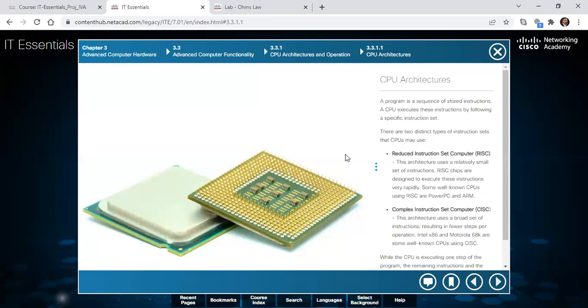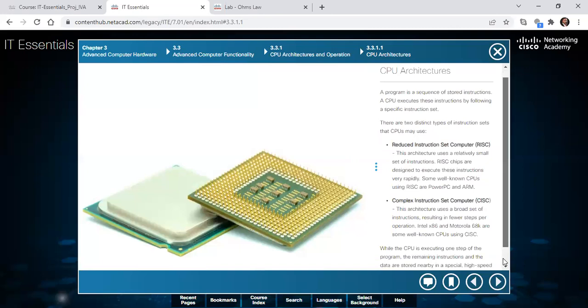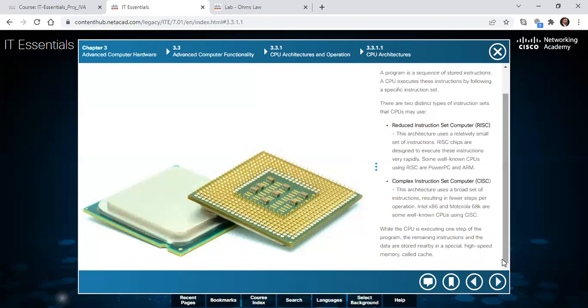Now, every CPU has an architecture, and that's what we want to talk about right now. So let's look at the set of instructions that they have. The first one, the reduced instruction set computer, RISC, has an architecture that uses a relatively small set of instructions.